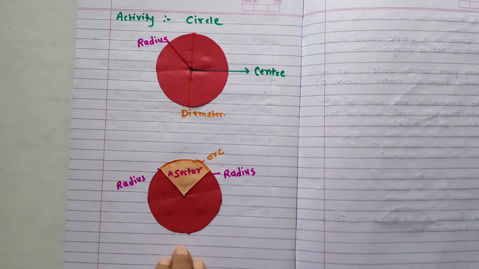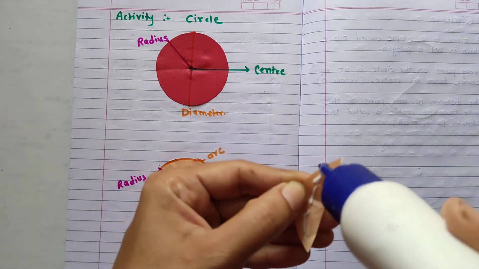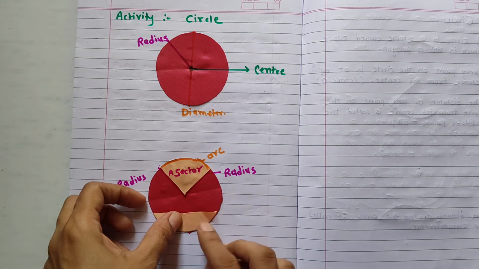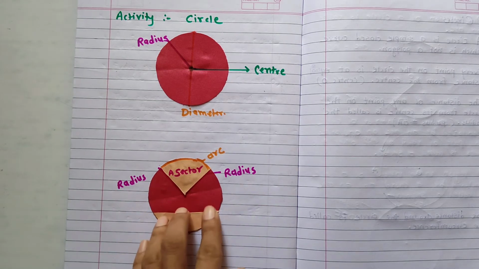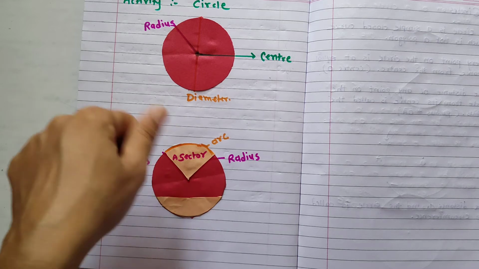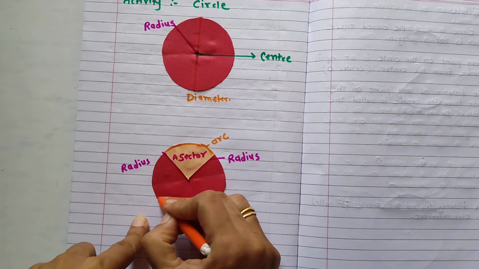Okay, now we stick here, this is segment. Now segment means the part enclosed between the arc of the circle and the chord of the circle is called segment. So write here the name. Again you have to write the name. This is arc.